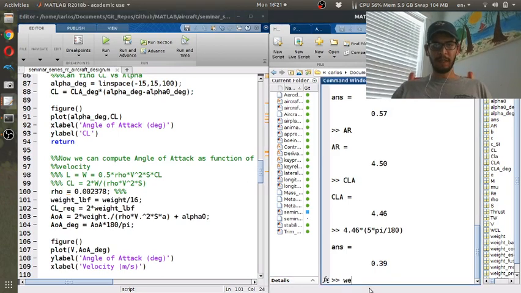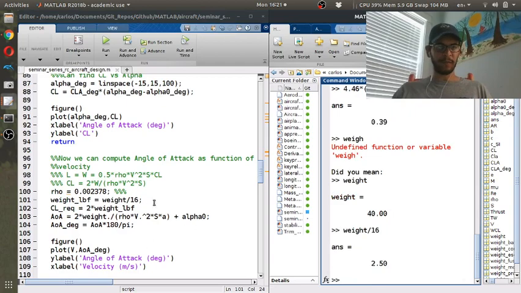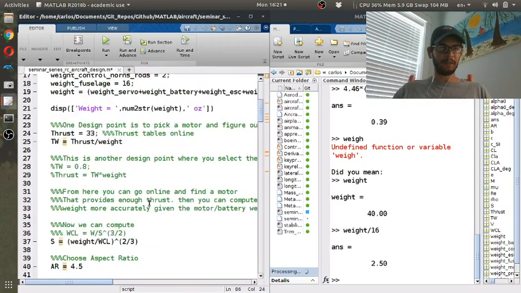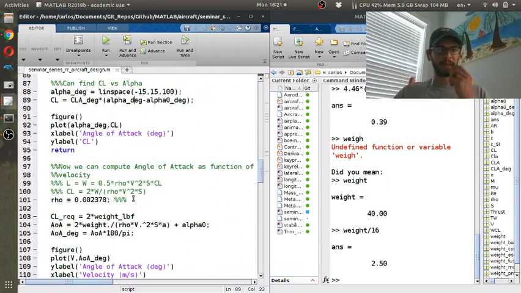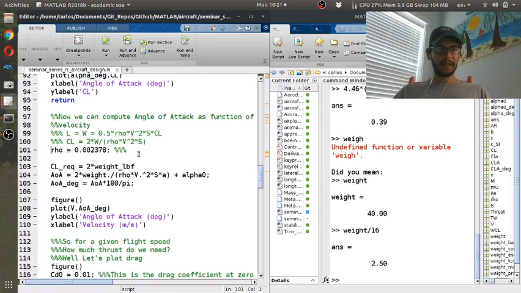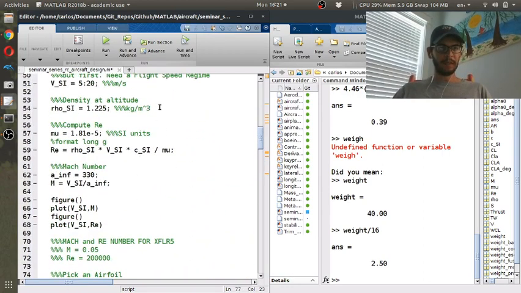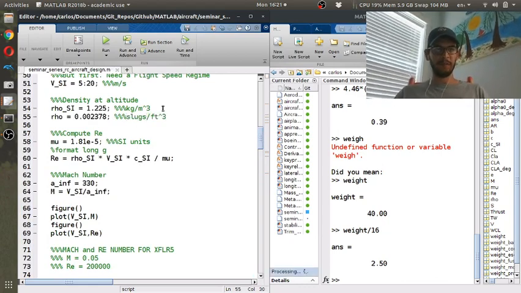So if I take my weight of 40 ounces divided by 16, I should get 2.5 pounds. So there's my weight in pounds. I'm going to move that up here so I have it all together. Okay, so there's weight in pounds.